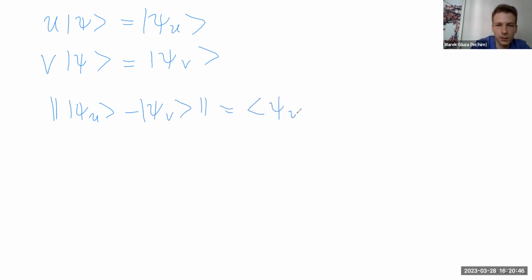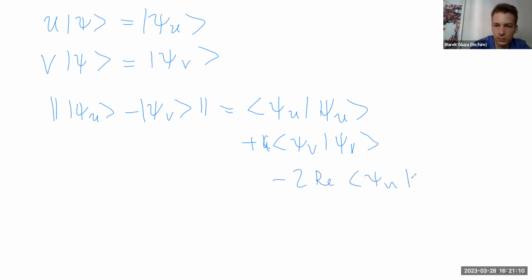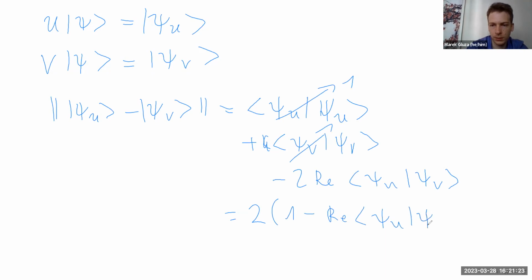Which will be psi u with psi u, and then plus psi v with psi v, and then minus 2 times maybe the real part of psi u psi v. Okay, so this is 1, this is 1. So I have 2 times 1 minus the real part of psi u psi v.